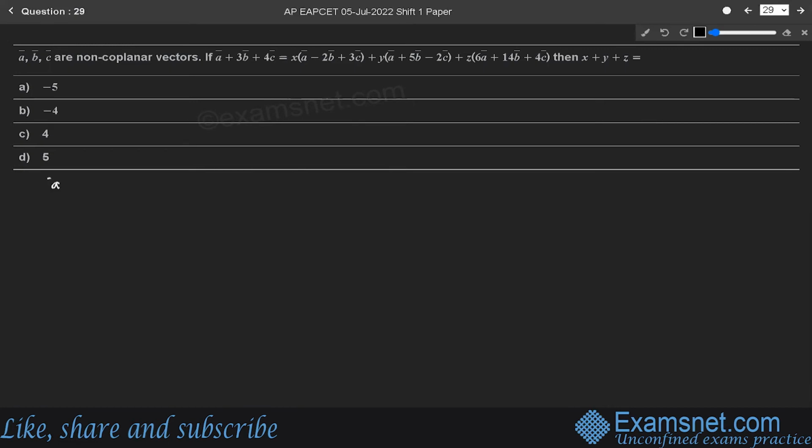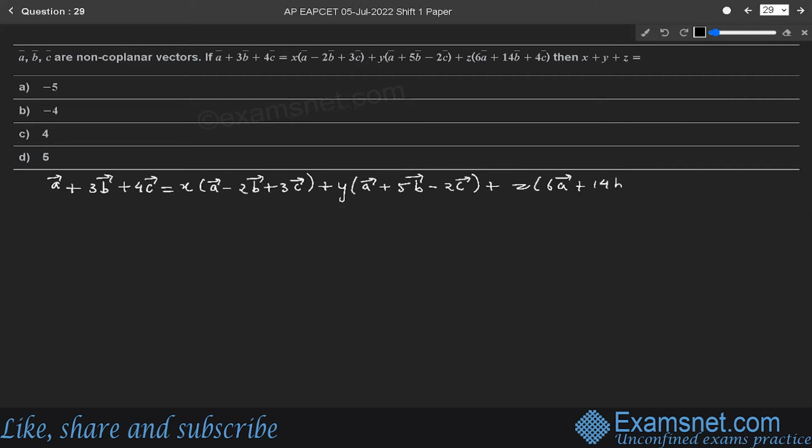If A vector plus 3B vector plus 4C vector is equal to x into (A vector minus 2B vector plus 3C vector) plus y into (A vector plus 5B vector minus 2C vector) plus z into (6A vector plus 14B vector plus 4C vector), then x plus y plus z is equal to. You can see that 3 vectors are given in the right hand side.